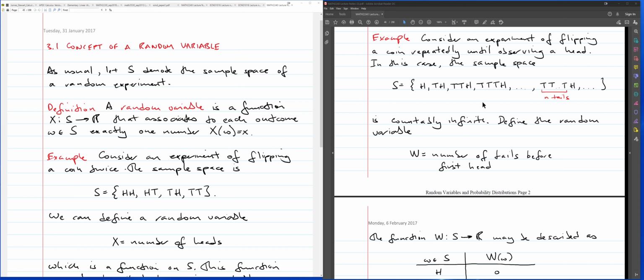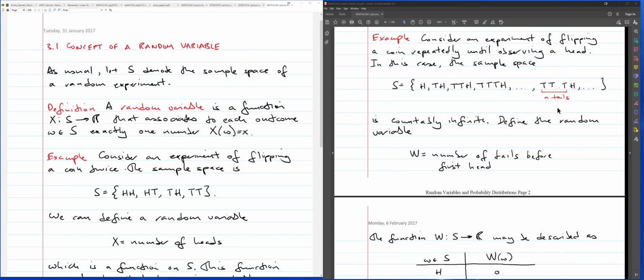So what I'm saying is that this sample space is not finite, right? Any number that you could think of, say, 100,000, a possible outcome would be that you flip the coin 99,999 times and you get a tail, and then you flip it the last time and you get a head.